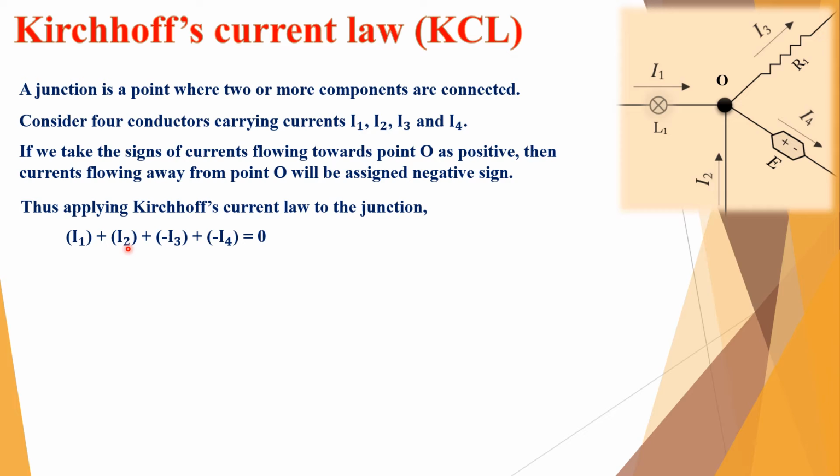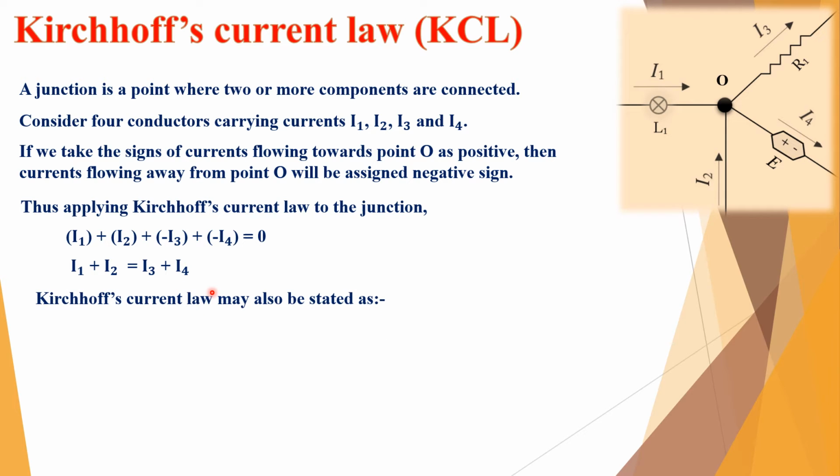So summing up all the currents at junction point O: I1 plus I2 minus I3, here minus is because the current is moving away from the junction point, and minus I4, because I4 is also leaving the junction point O, is equal to 0. Finally, we have I1 plus I2 equals I3 plus I4.